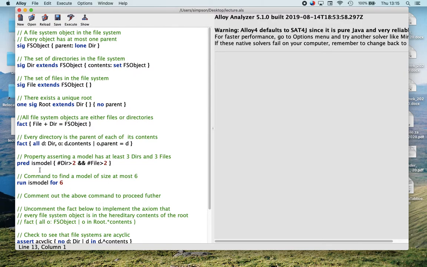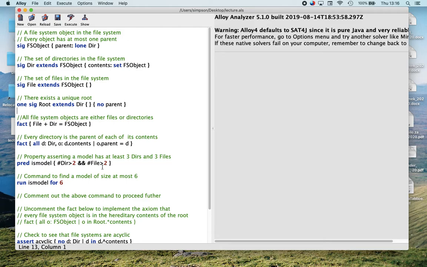And the test predicate we're going to have this time, which I call isModel, simply requires that the number of directories and the number of files are both strictly greater than 2. So I'm asking, is there a model of size at most 6 that has at least 3 directories and at least 3 files?